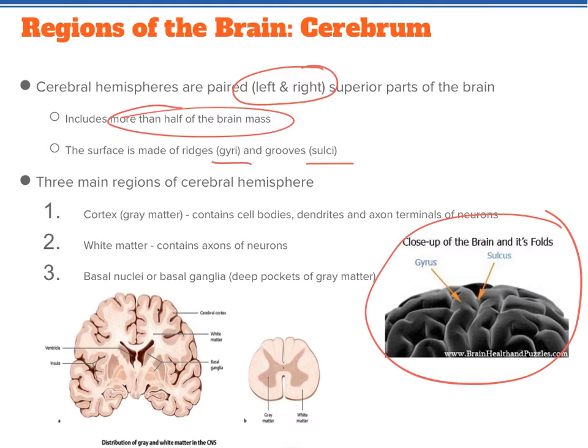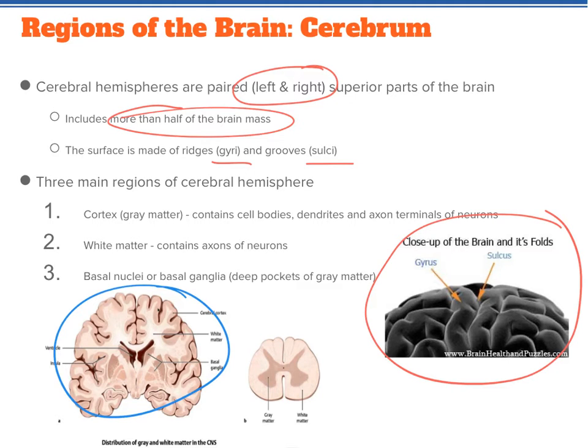You might also have heard of white and gray matter in a brain. This image shows you the difference between the white and the gray matter. The white is the whitish colored part, and the gray is the slightly darker colored part. The gray matter contains all the cell bodies, the dendrites, and the terminals of the neurons, so they're really the working parts of a neuron.